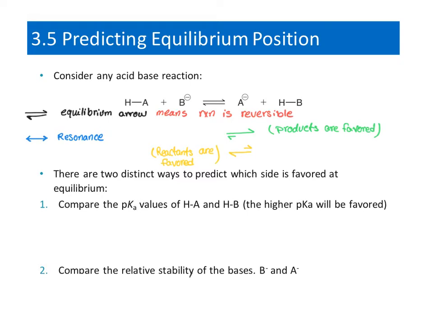There are two ways that we can determine which side of the equation or the equilibrium is favored. The first way, which we already talked about a little bit, is by looking at the pKa values for the acids on both sides of the equation. And as you remember, equilibrium always favors formation of the weaker acid, or higher pKa.